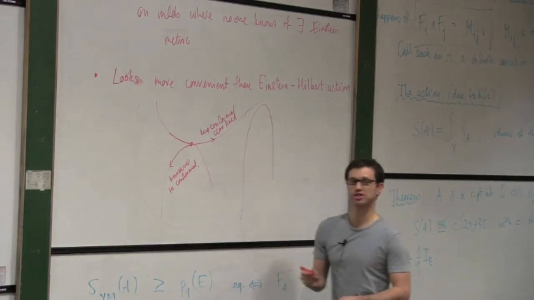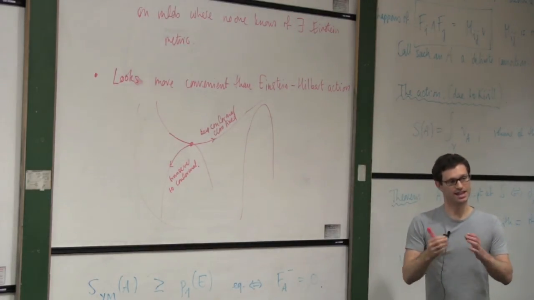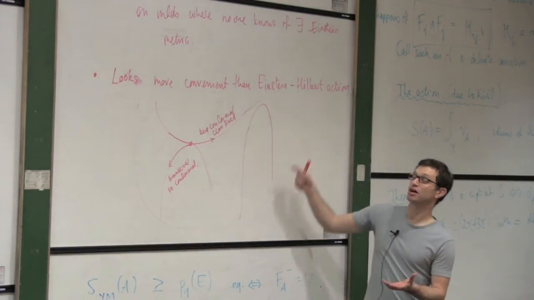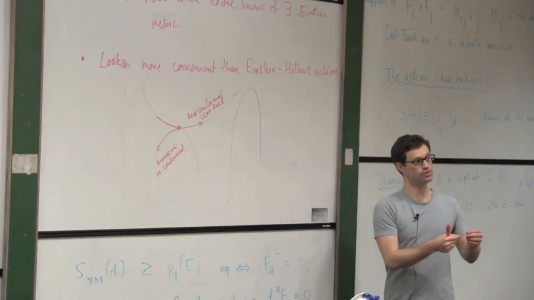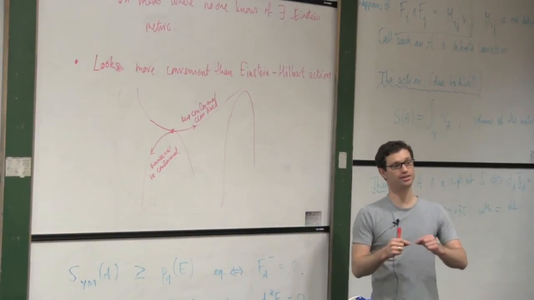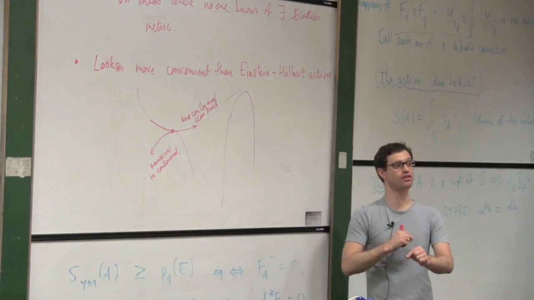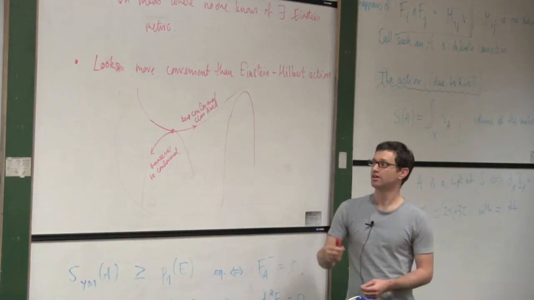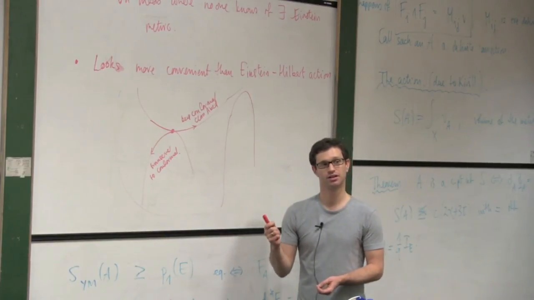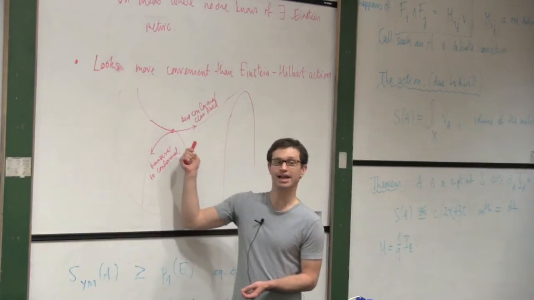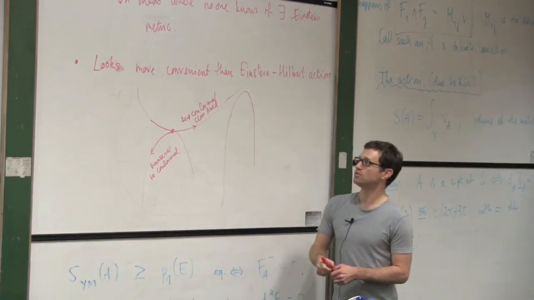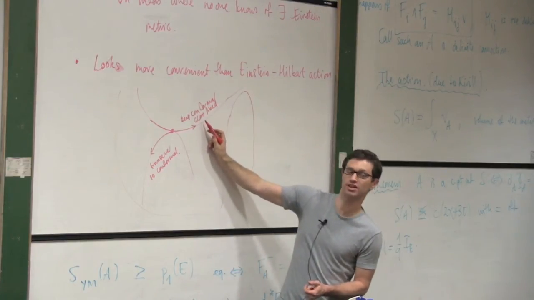So here's how your min-max might go. In a given conformal class, you try and minimize Einstein-Hilbert. And that gives you a metric in each conformal class. And now you try and maximize Einstein-Hilbert for those particular metrics as you vary the conformal class. Okay? So the first half of this problem has been done. And even that was a major triumph in the theory of PDEs. You can minimize the Einstein-Hilbert in a fixed conformal class.